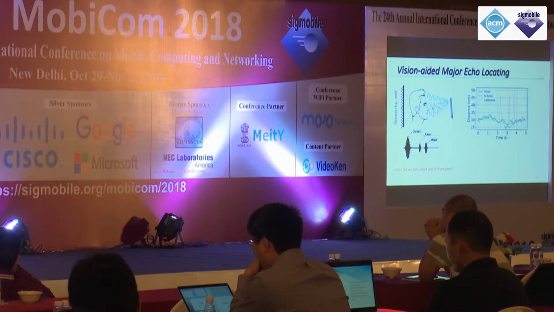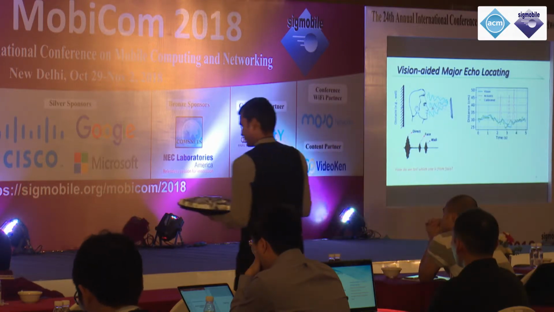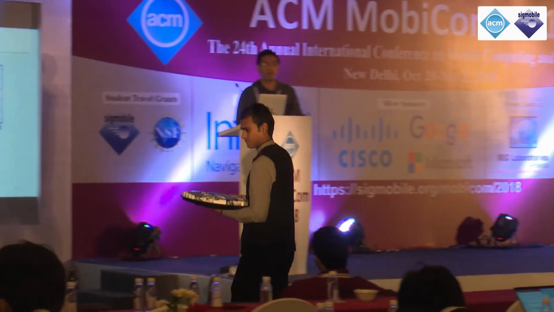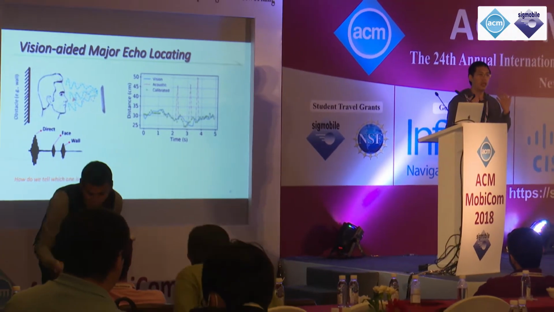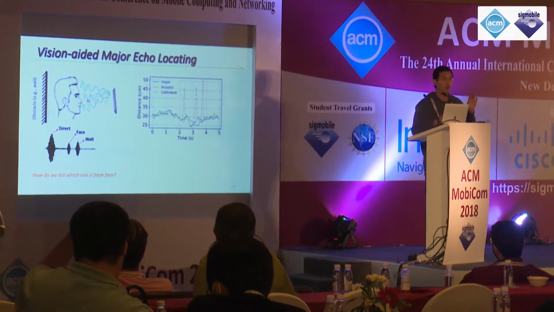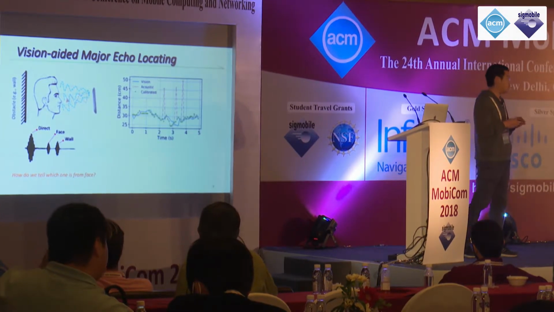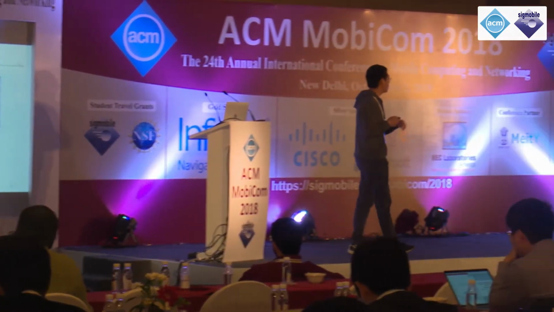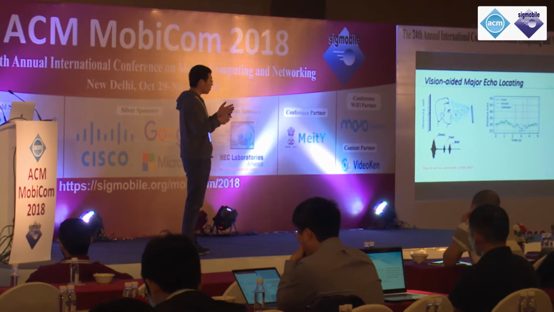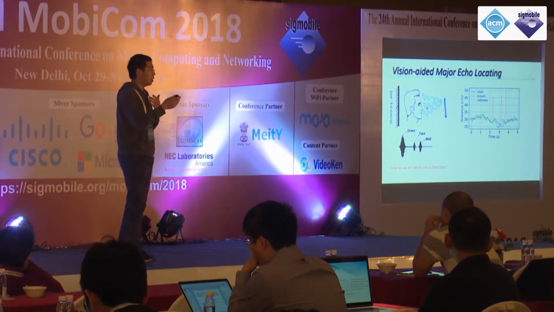This figure shows the distance measurements from both acoustics and vision. If we use a frontal camera, we can detect your face landmarks in real time, so that, depending on the distance between the landmarks, we can estimate the distance from the phone to your face. This figure shows the results of the measurements when we move the phone back and forth in front of your face.